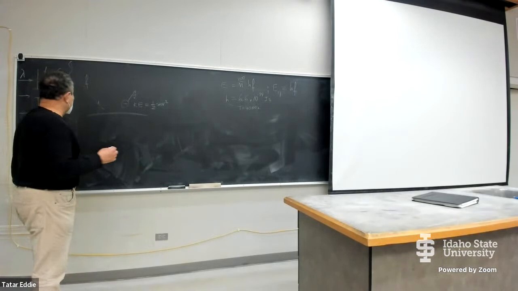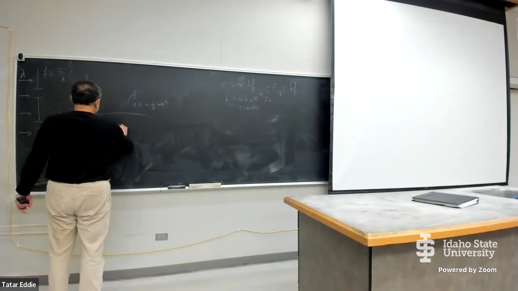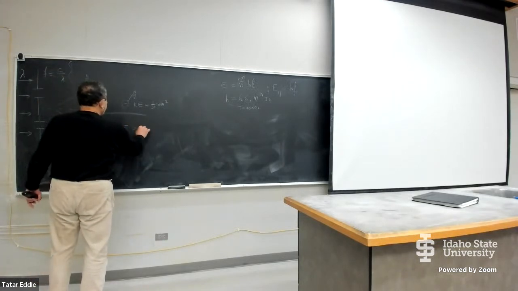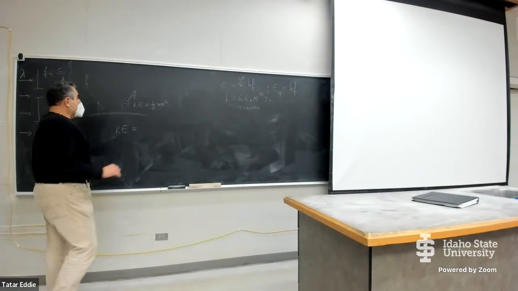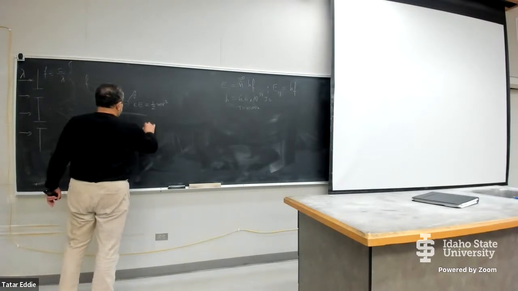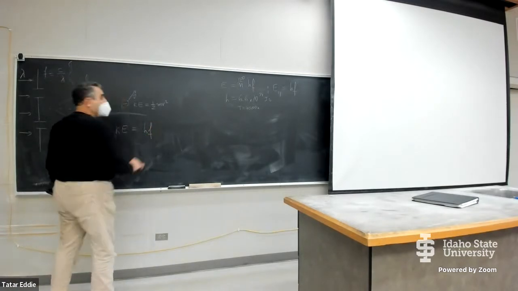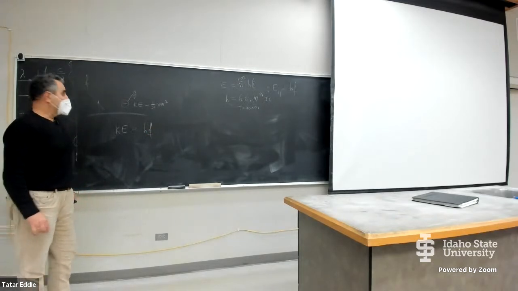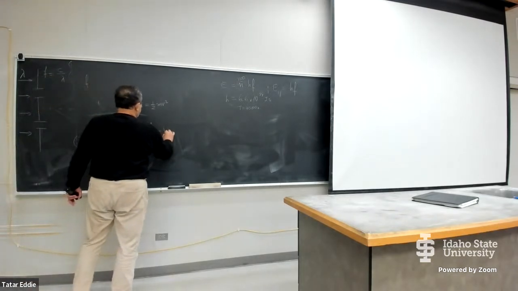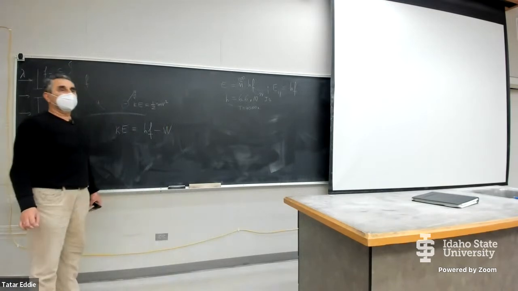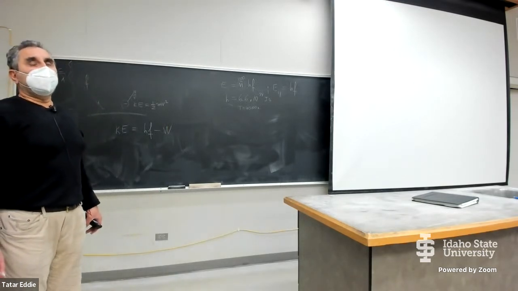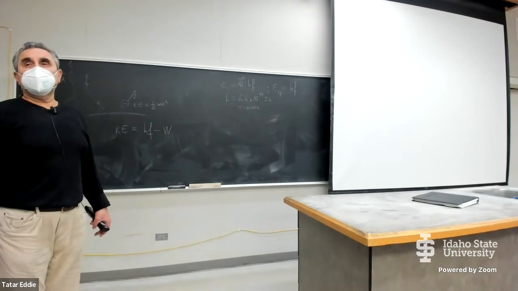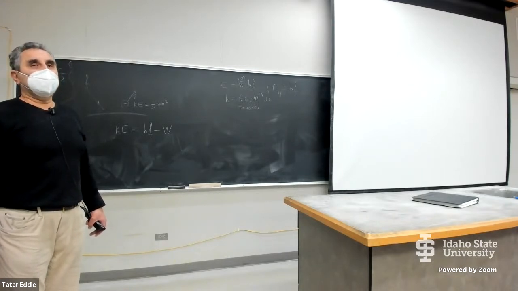And the experiment shows that the kinetic energy of the emitted electrons is going to be equal to the energy of a photon minus a small work function W, which depends upon the nature of the metal that you're shining light on.